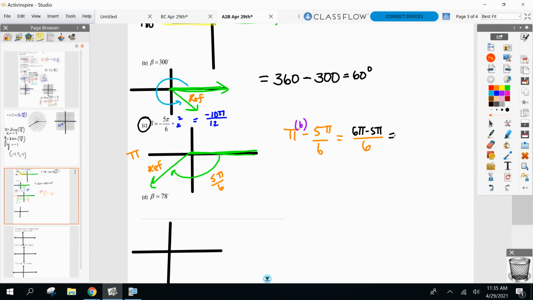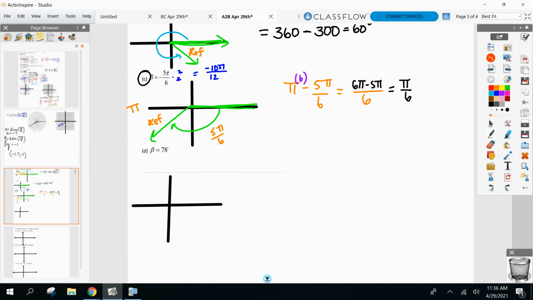And what's your final answer? Pi over 6. And Caroline, you said you got an answer of 30, right? That's correct, Caroline. But remember, because my angle was in radians, I need your reference angle in radians. That's 30, right? Pi over 6, that's 30 degrees in radians. Everyone else all right? All right, one more.